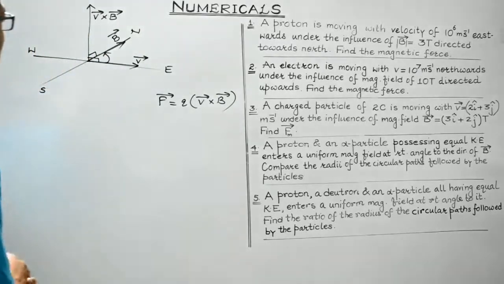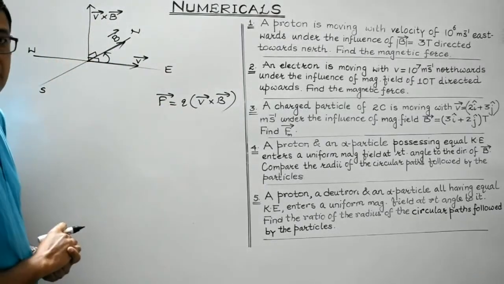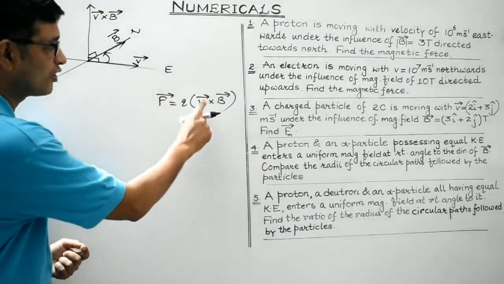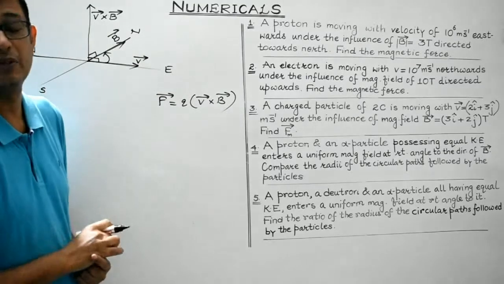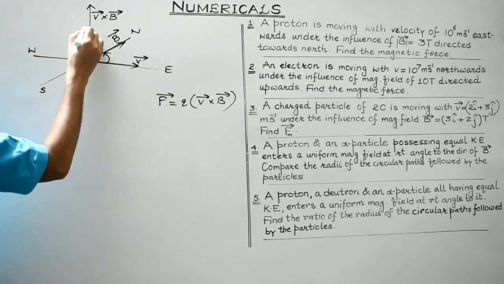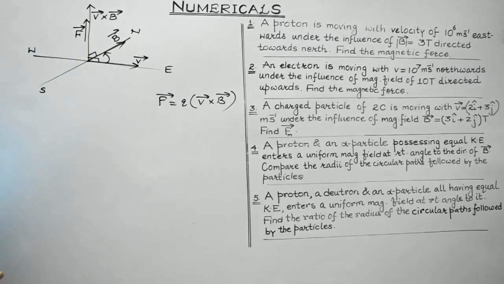Now look students, the proton being a positive charge, F vector will be directed along the direction of V vector cross B vector because Q is positive over here. So this will be the direction of the magnetic force.